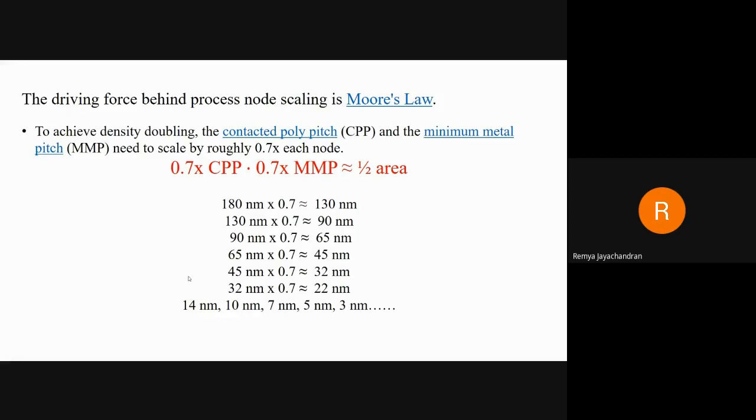We have to pattern the device accurately, so we require more precise equipment. So we have to switch to different nodes. That is the main challenge in moving from one node to the next node.